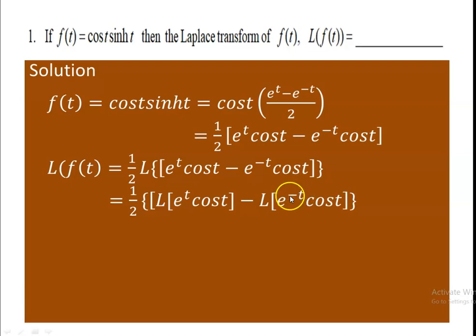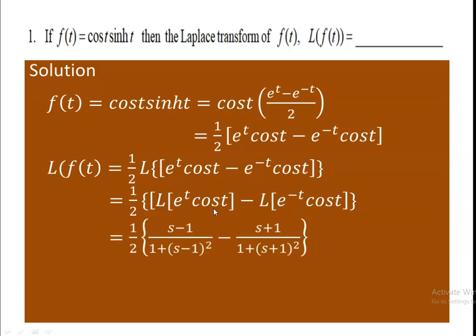Recall that the Laplace of e to the power of at times f of t is the Laplace of f with s minus a. We need to recall that one, and we use the shifting property to determine the result.